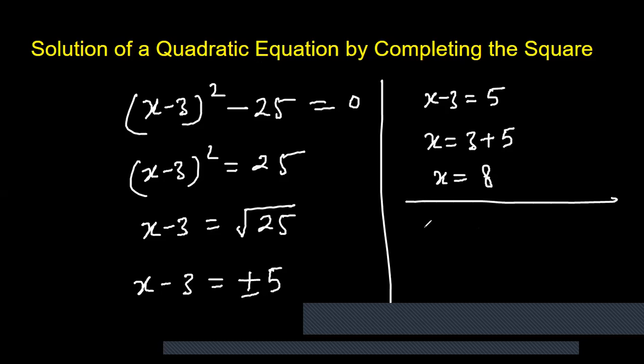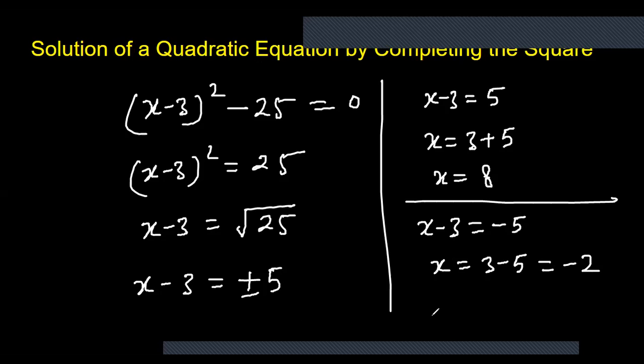The other solution comes when we write x minus 3 is equal to minus 5. That means x is equal to 3 minus 5, which is minus 2. Now you can see both these values of x.